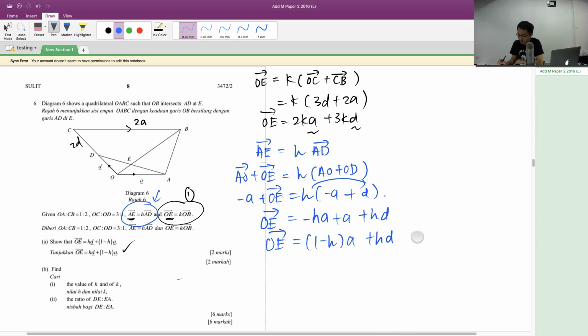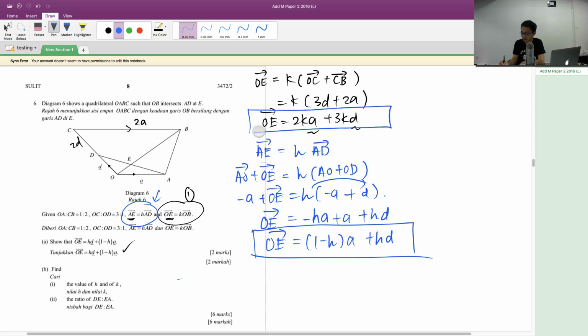So far, do you have anything you want to ask before I move on? Can you understand this step first? I got these two from these two equations over here. Now, to find H and K, you substitute this equation back into this equation. You substitute OE into the OE. You can call them the first equation and second equation, and substitute into each other.